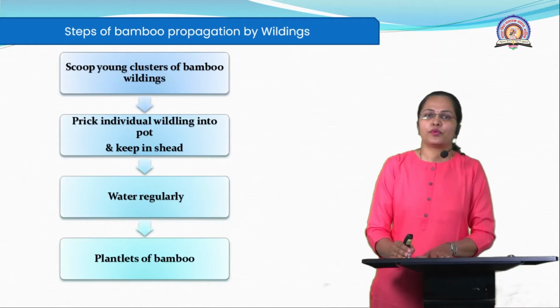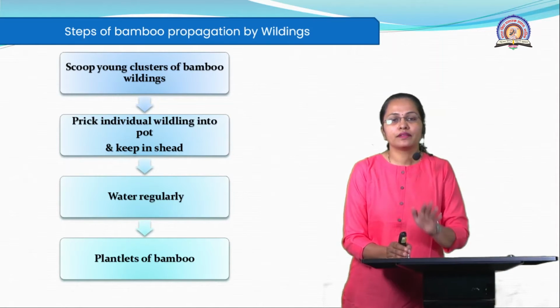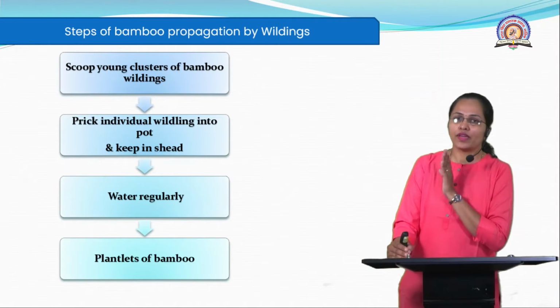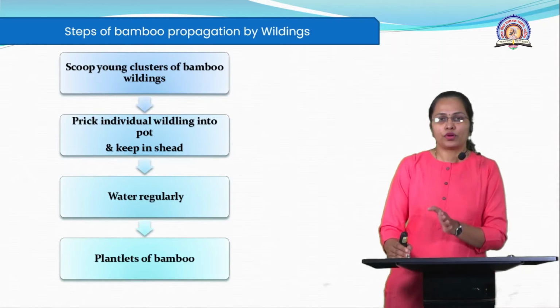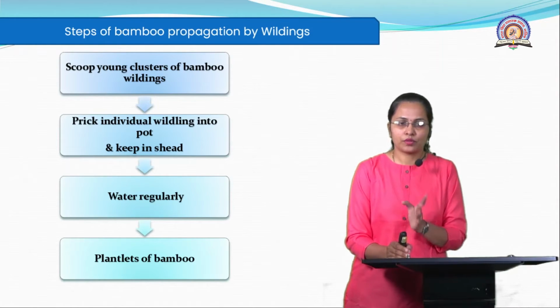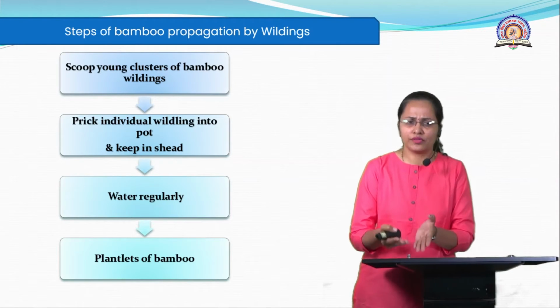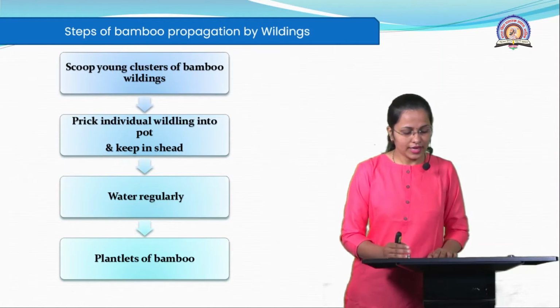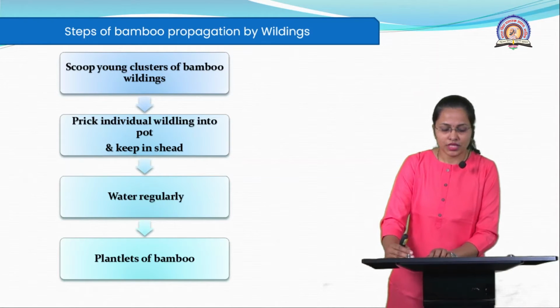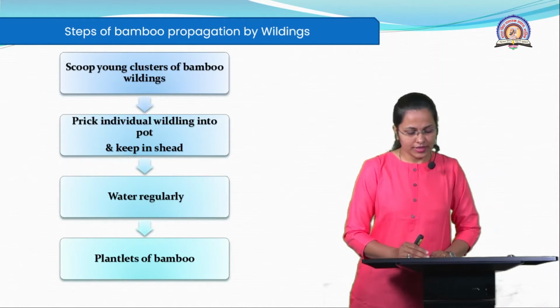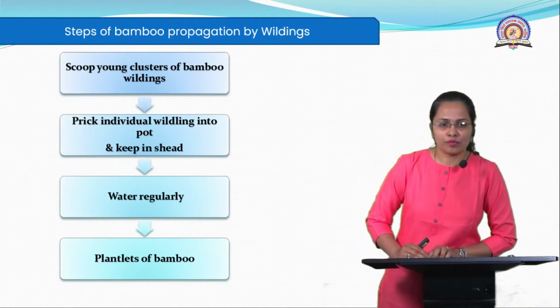What is important here is that after transferring the seedling into the pot, we have to keep that pot within the shade only. Then we have to water the growing seedlings regularly, and within a short period of time we'll get a grass of bamboo.